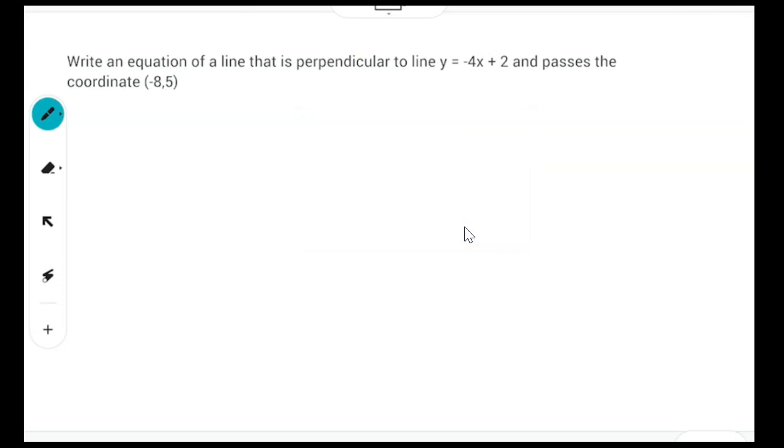Write an equation of a line that is perpendicular to line y equals negative 4x plus 2 and passes the coordinate negative 8, 5. Again, because it's perpendicular, the slope of the line that we're looking for will be the opposite reciprocal of m equals negative 4.